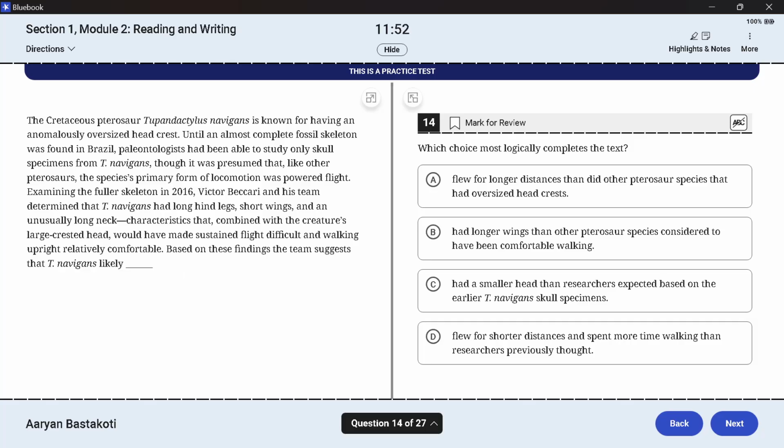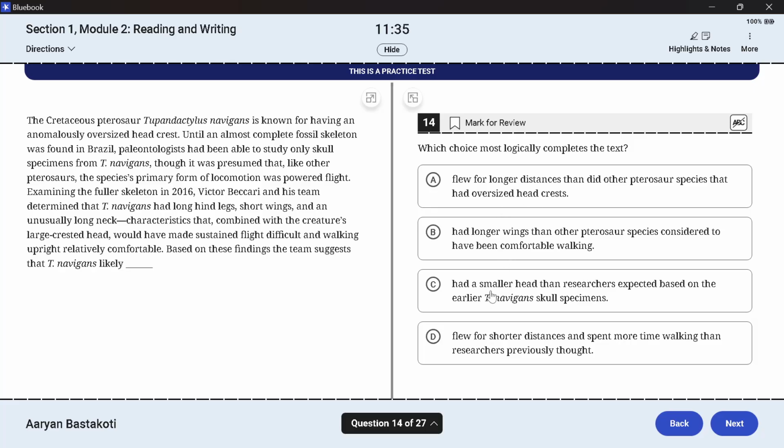They initially thought it flew, but it walked also. It found flight difficult and walking comfortable, and based on these findings, suggests that it flew for longer distances than the oversized head crest. Suggests that it likely flew for longer distances.